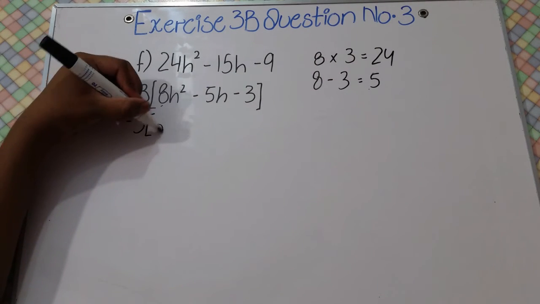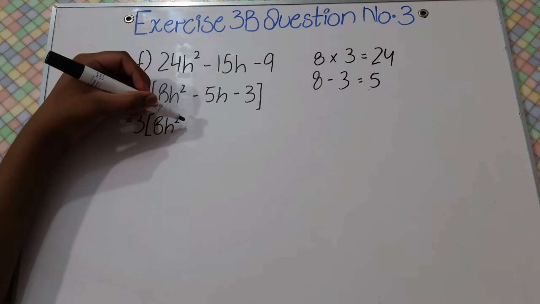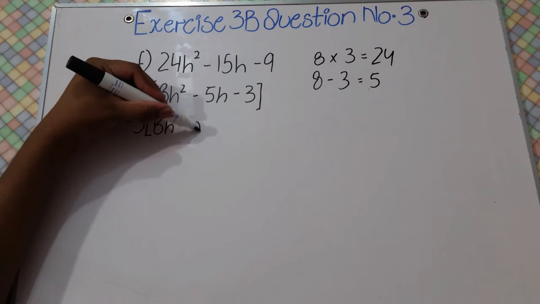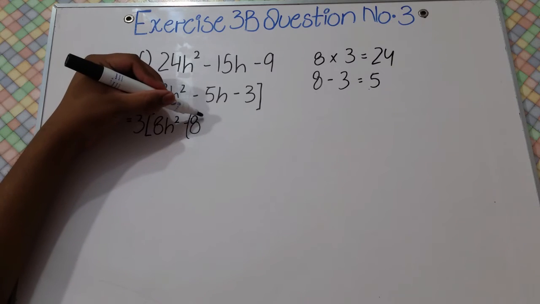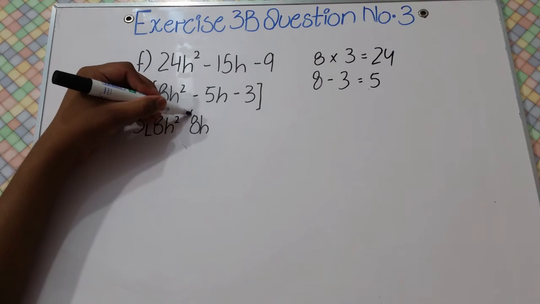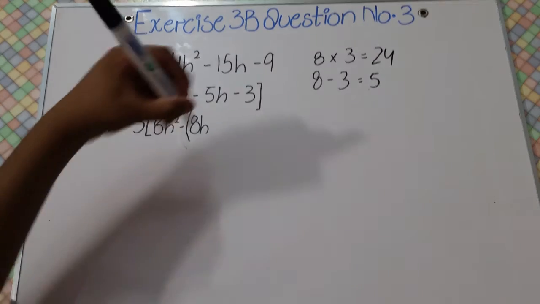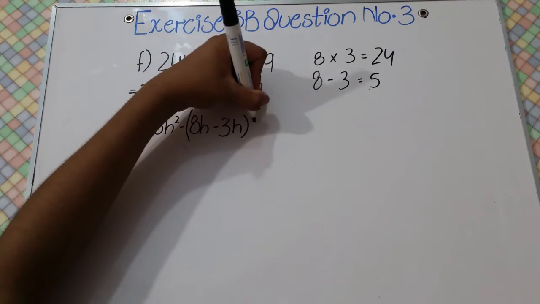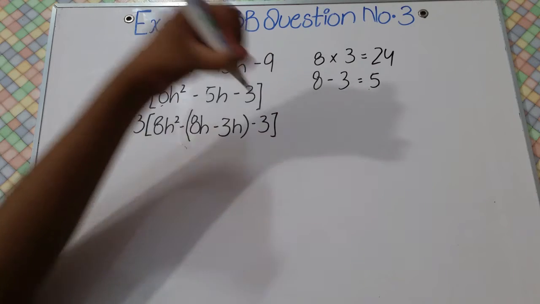So 3, 8h square minus 8h in brackets. Okay, minus 8h and minus 3h and then minus 3, bracket close.